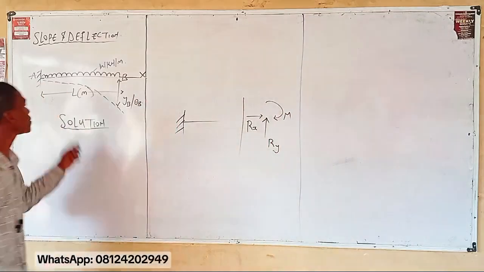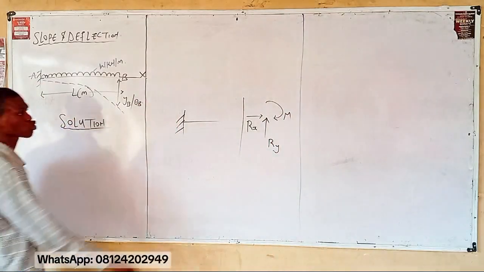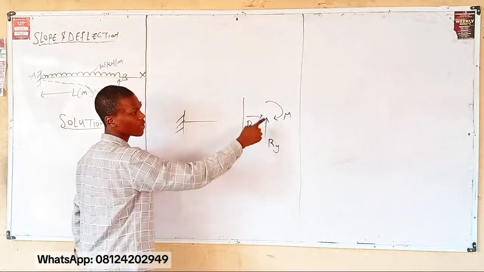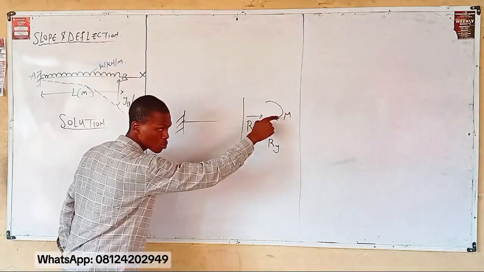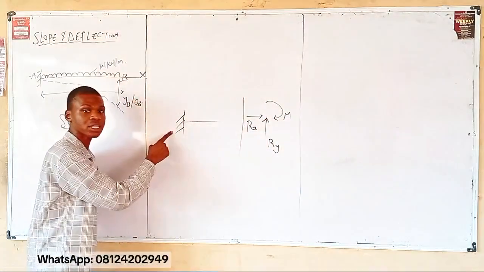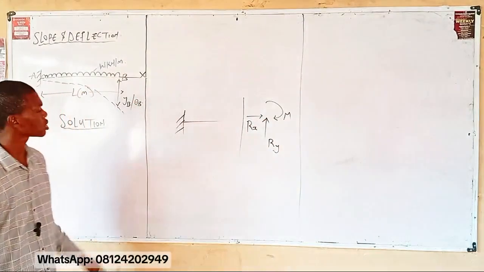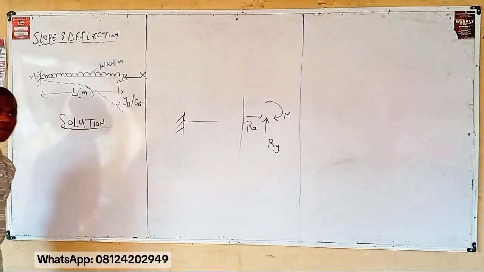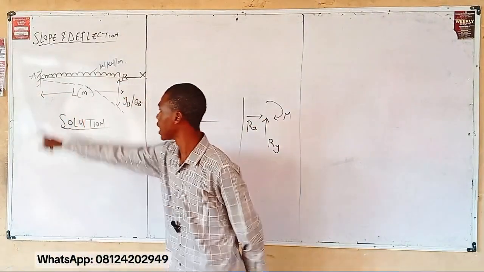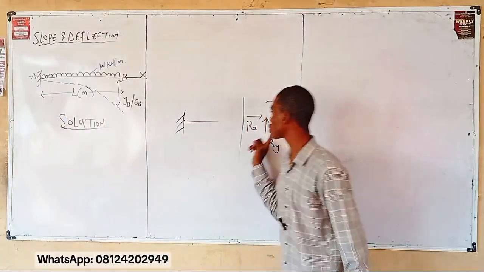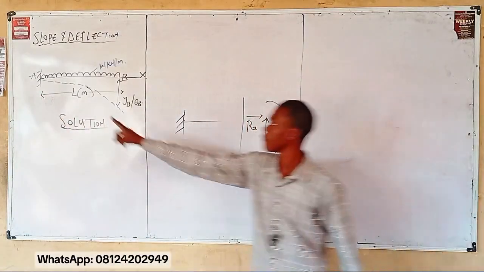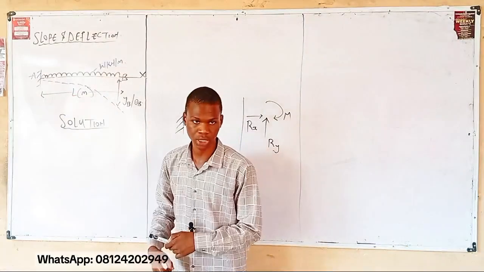Drawing this free body diagram, you are going to substitute this vertical, horizontal, and moment anywhere you see a fixed support. Now, check this beam. Where do you have your fixed support? At A. Meaning that these reactions will be substituted at point A when you are drawing your free body diagram.